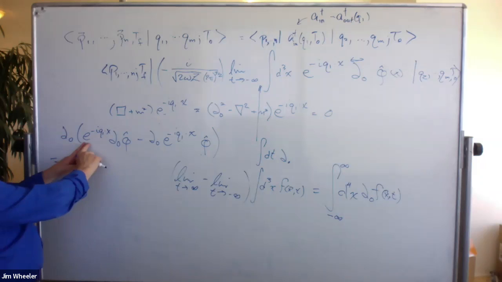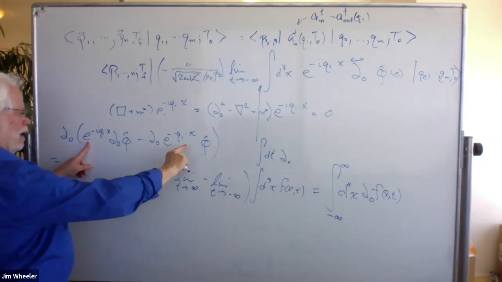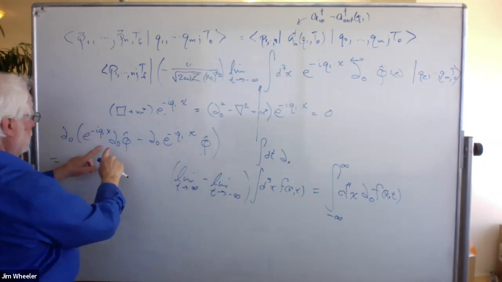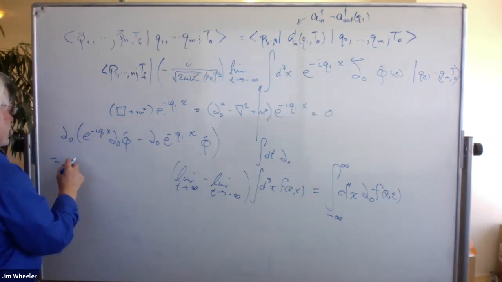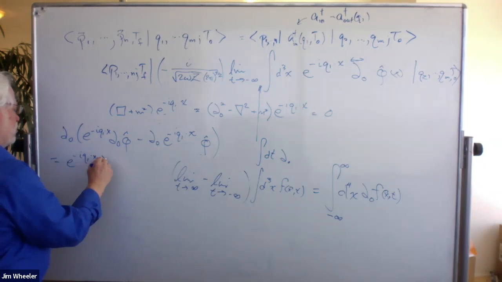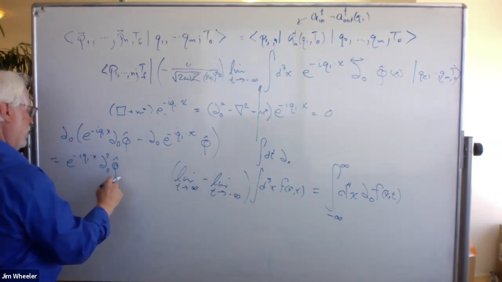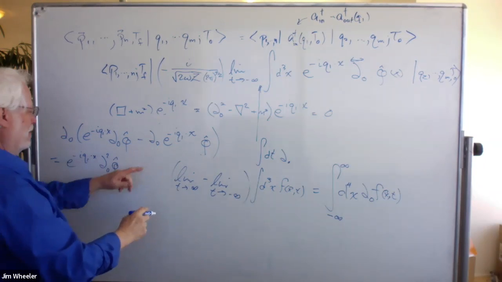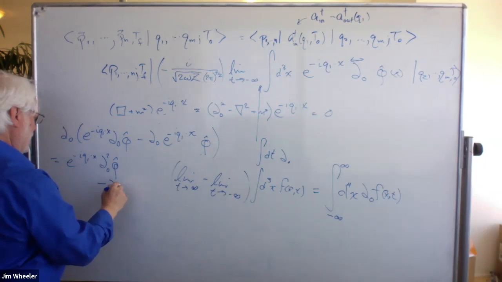There's a cross term that's going to cancel, because this D0 is going to hit that and the phi. Those two terms will cancel. It's only when you get a D0 squared that you get something. So minus e to the i Q1 dot x D0 squared phi, minus, okay, two time derivatives of this plane wave.